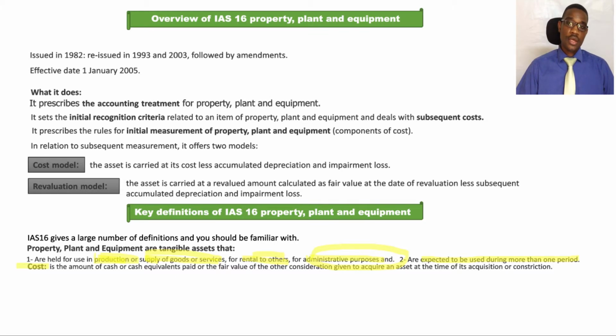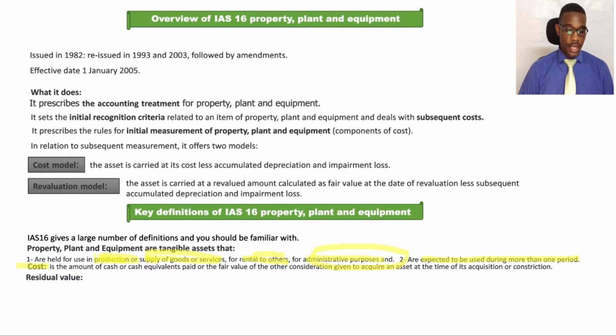It means the money that we paid to acquire or to obtain these assets, or the fair value. So please, if you don't have a clear view or a good background on the fair value, you need to study or review IFRS 13, the fair value.